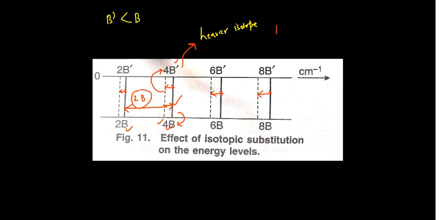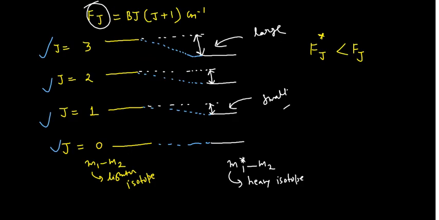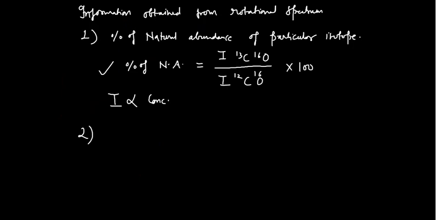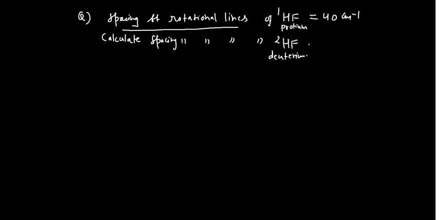This is 4b, this is 6b, again the gap is 2b. So the spacing in the rotational spectrum is 2b. You have been given this 2b, which has the value of 40, so you can calculate b from here: 40 by 2 gives you 20 centimeter inverse. This is the value of b.